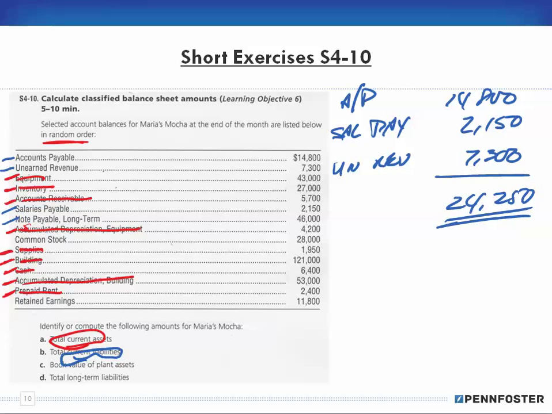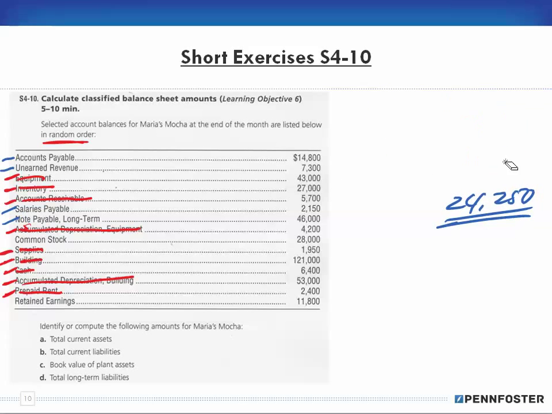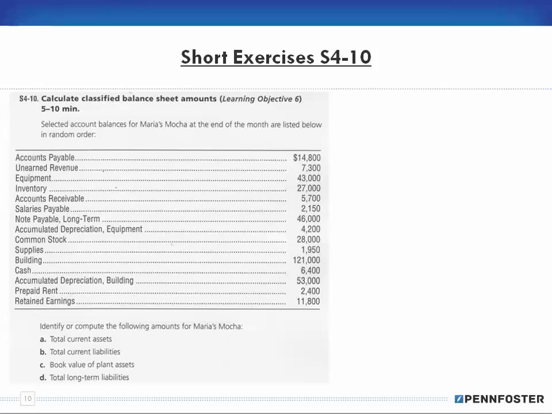Now the next question asks the book value of plant assets. So what are our plant assets? Well, our plant assets are equipment and accumulated depreciation, and building and its accumulated depreciation.